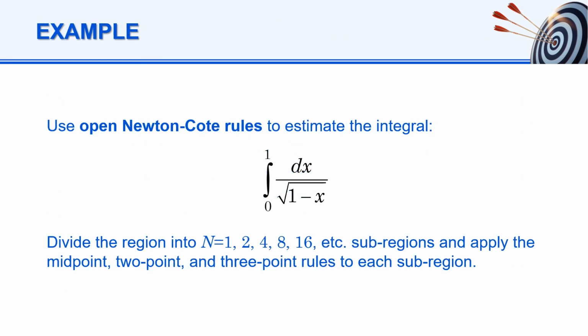Now, let us use open Newton-Cotes rules to estimate the following integral. We will divide the integration region into n equals 1, 2, 4, 8, 16, etc. subregions and apply the midpoint, 2-point, and 3-point rules to each subregion to estimate the integral.